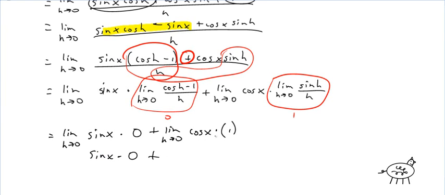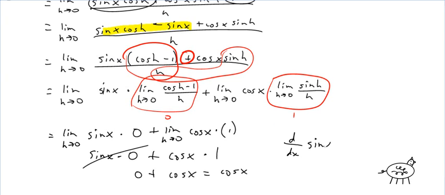The limit as h approaches 0 of cosine of x doesn't matter what h is going to, it's still cosine of x times 1. So this goes to 0, and I have 0 plus cosine of x, which is cosine of x. So, math fans, d by dx of sine of x equals cosine of x.